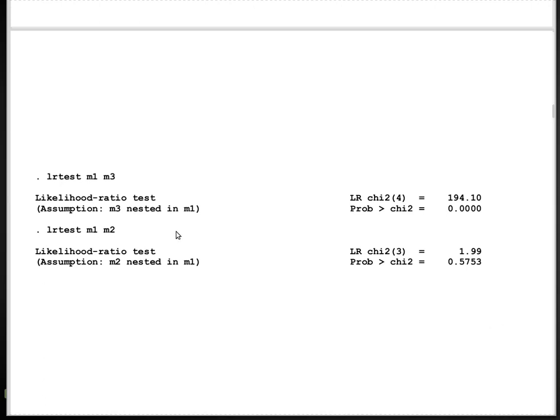If we compare, for example, the likelihood ratio test for Model 1 versus Model 3, we get a very low p-value, indicating a big difference between the regression coefficients that were excluded in Model 3 compared with those that were in Model 1.